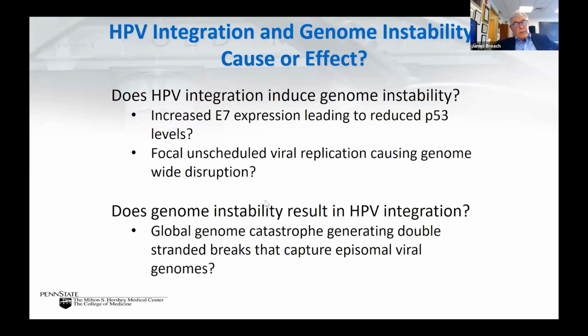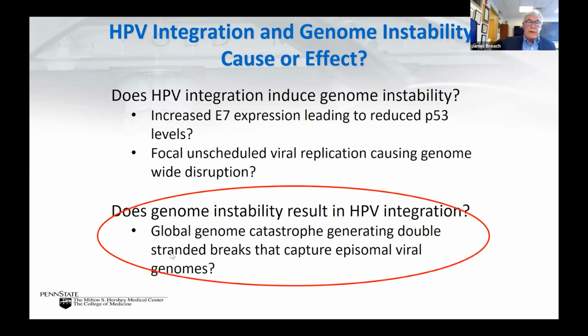So that raises the question of whether virus integration induces genome instability, such as a consequence of increased expression of E7 that might reduce P53, or does genome instability precede viral integration? Without going into detail, our data suggest the latter.